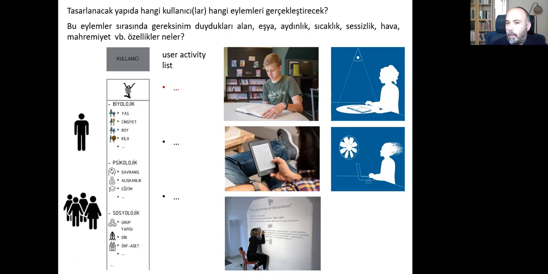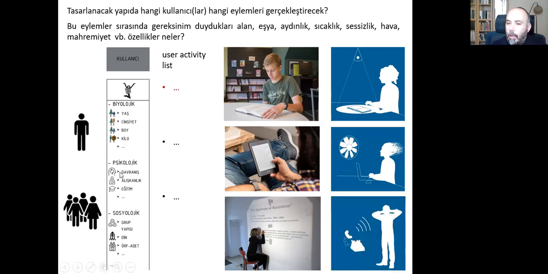What kind of air temperature or air movement they need, or will the noise affect them adversely? The privacy needs. We need to detail our list of activities according to these interpretations, and these all came from the properties of our user.